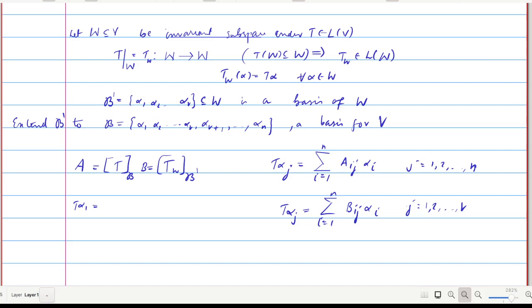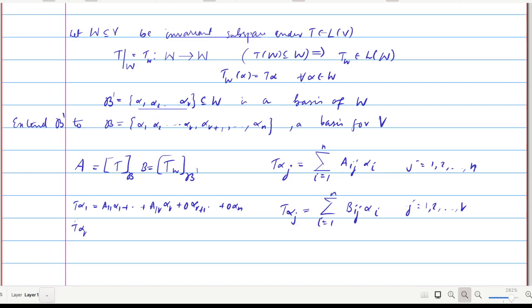So this can be written as A11 alpha 1 plus etc. A_r1 alpha r plus 0 alpha r plus 1 etc. plus 0 alpha n, because this is an element of W. Okay, since W is an invariant subspace and alpha 1 belongs to W, T alpha 1 also belongs to W, then this T alpha 1 can be expressed as a linear combination of alpha 1, alpha 2, up to alpha r, these basis elements, and the rest of them are 0.